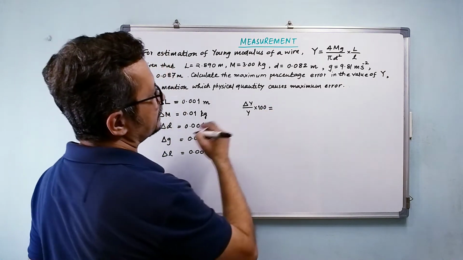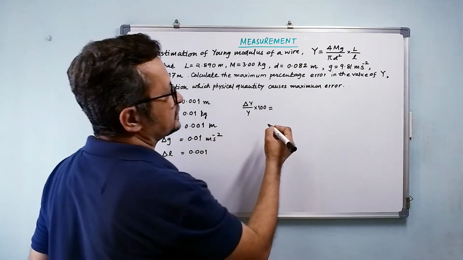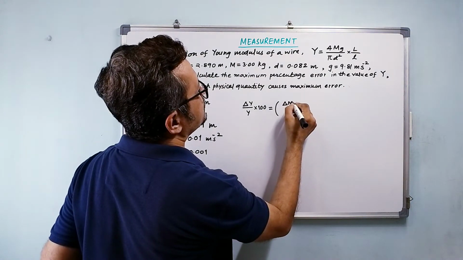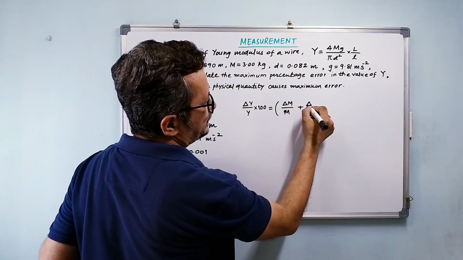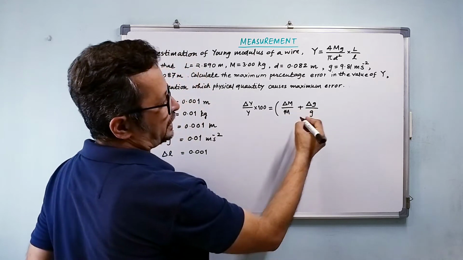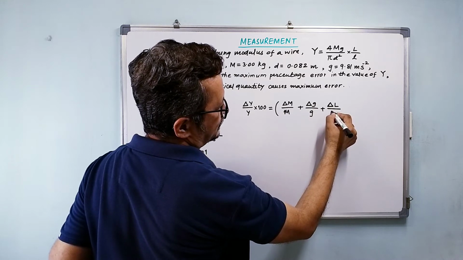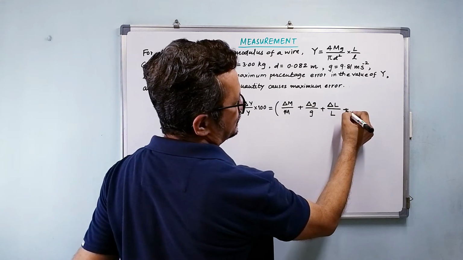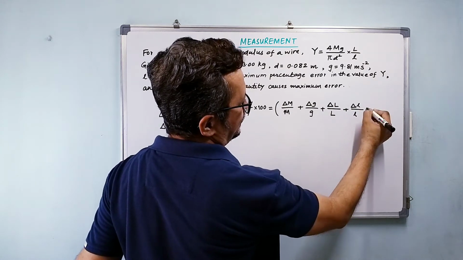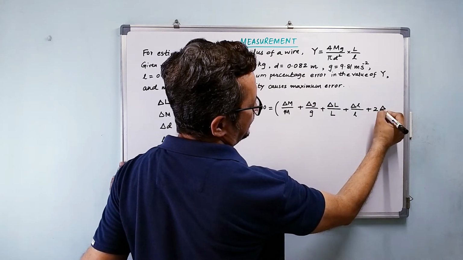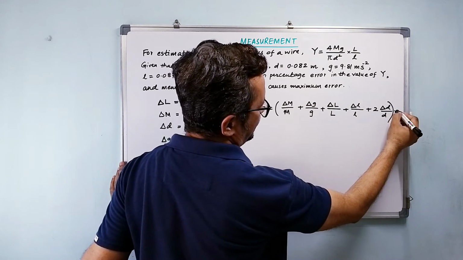That would be equal to, now obviously 4 is a constant quantity, I don't have to take that into consideration here. So it would be delta M upon M plus delta g upon g plus delta capital L upon L plus delta small l upon l plus twice delta D upon D, and then that multiplied by 100.